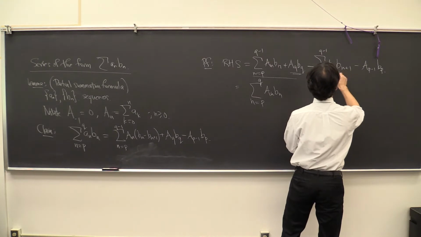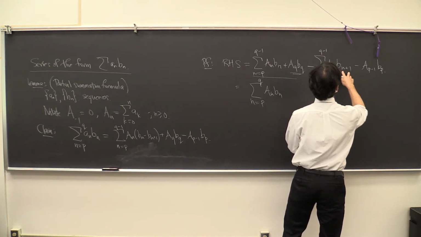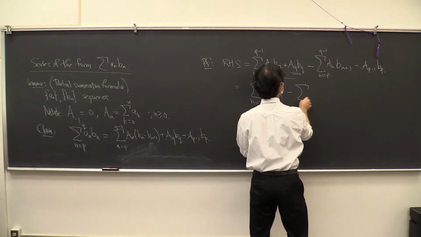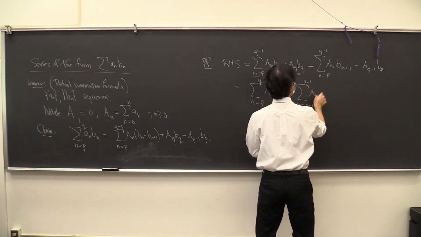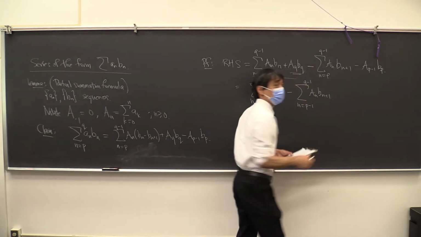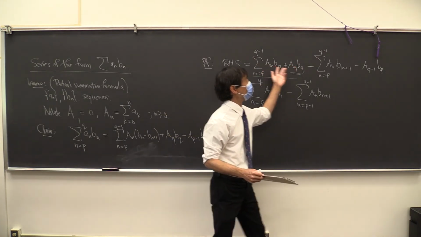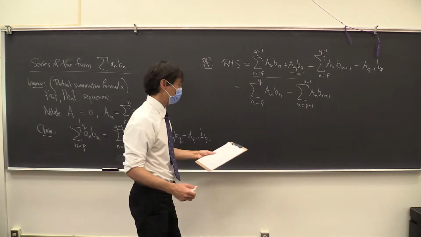Here, the bottom term is a sub p b sub p plus 1, so we go one step down from there: n equals p minus 1 to q minus 1 of a sub n b sub n plus 1. We're just absorbing this term into here and this term into here.